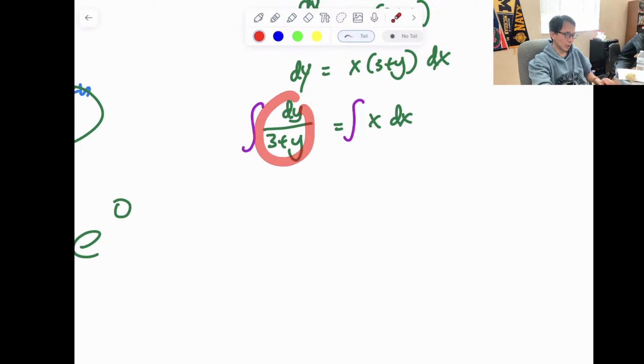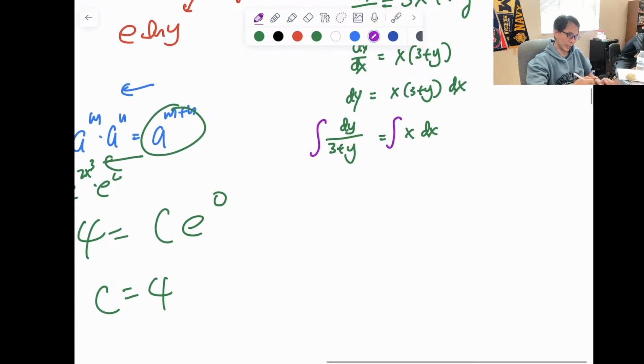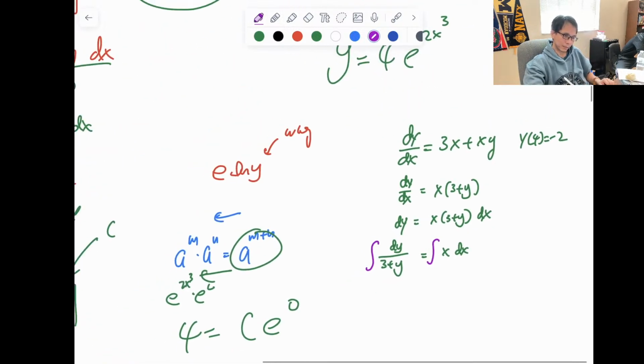The reason why it's wrong is you can always test it by doing something like this. 1 over 2 plus 3 is equal to 1 over 5, right? But if you do 1/2 plus 1/3, that's not equal to 1/5. This is actually multiplied by 3/3, this is multiplied by 2/2, that's 5/6. So you know you cannot split that.